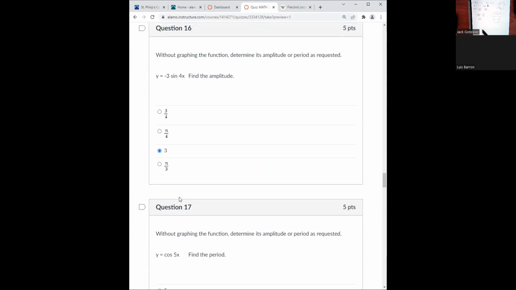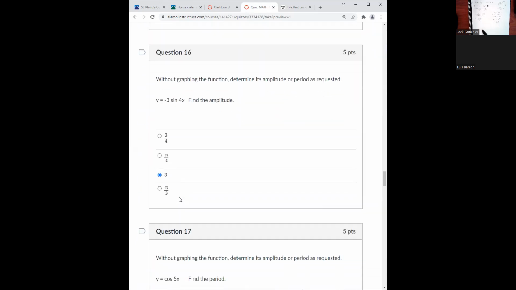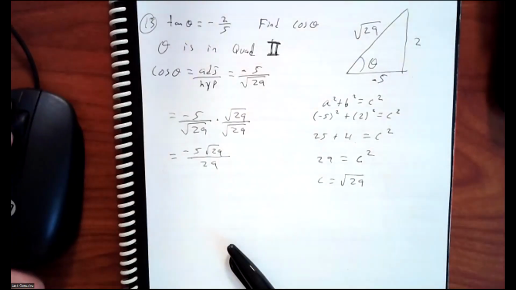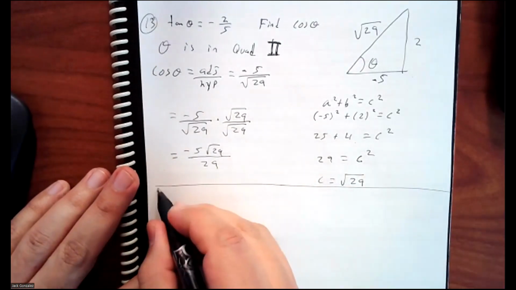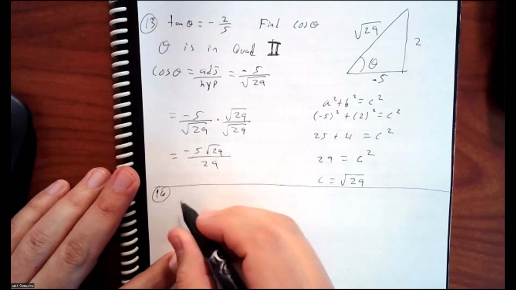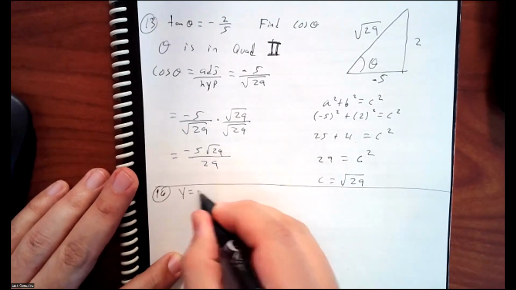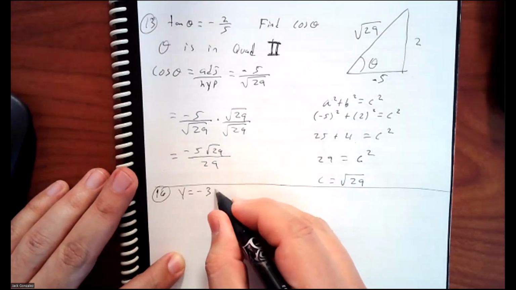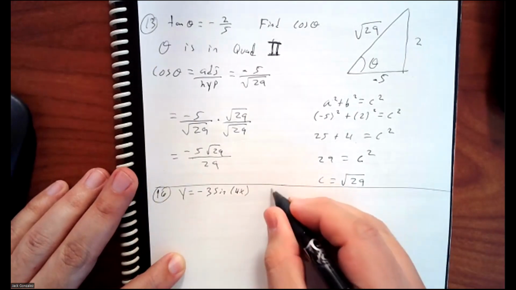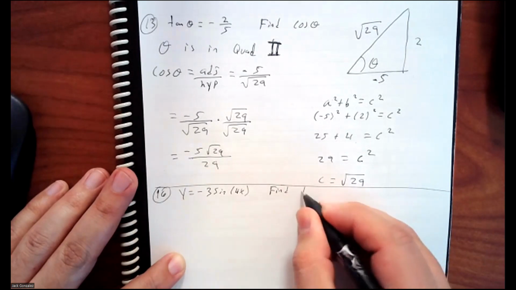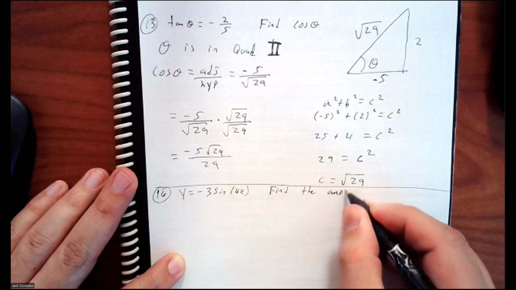Period, I gave you a formula. So let me write down these formulas one more time, starting with 16. Find the amplitude.